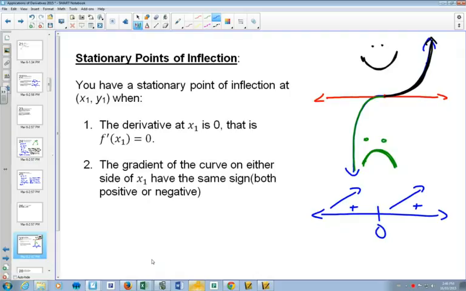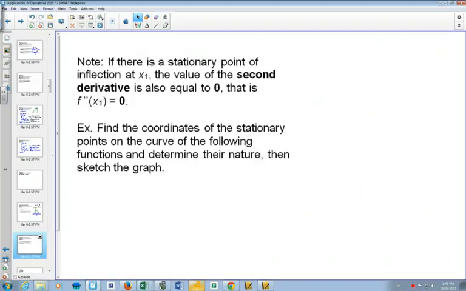So the slope, or the derivative, has the same sign, either both increasing or both decreasing. And an interesting thing happens wherever you have an inflection point: the second derivative will be equal to 0. So the second derivative at that point will also be equal to 0.